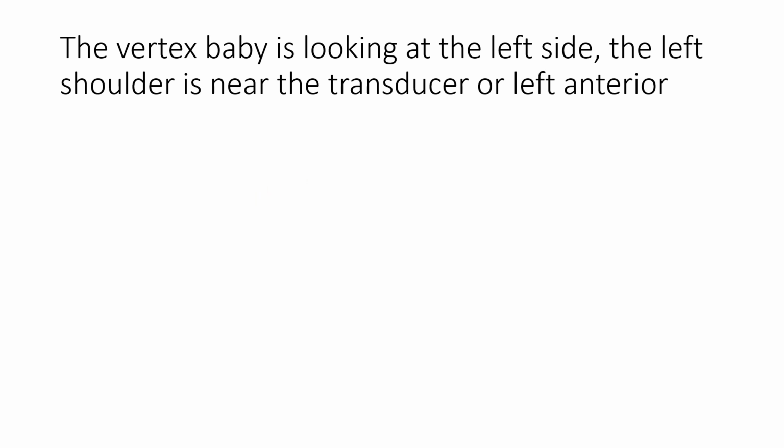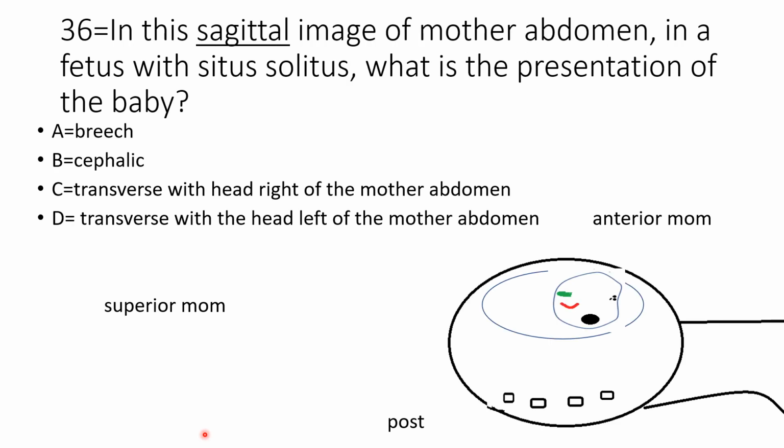If the spine is at the right of the mom and the baby is looking at the left side, the left hand or left shoulder is in front of the transducer. So in this sagittal image of mother's abdomen, here is the head of mom, sagittal, and lower limb of mom. In a fetus with situs solitus, what is the presentation of the baby?